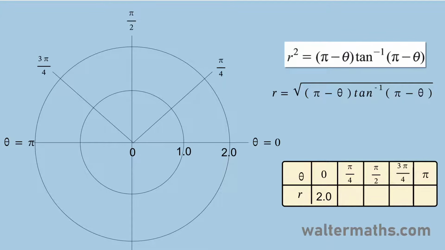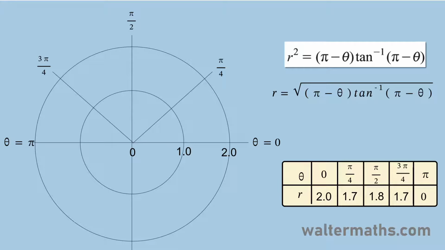When theta is a quarter pi, r will be 1.7. When theta is a half pi, r will be 1.8. When theta is 3/4 pi, r will be 1.7. And when theta has a value of pi, r will be 0.